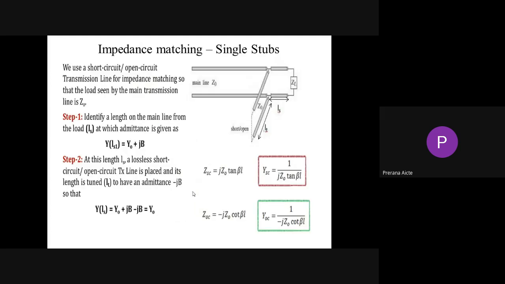Now here you can see, this is the main transmission line with the characteristic impedance Z0. Then this is the stub, connected at a distance of D from the load, and the length of the stub is L.